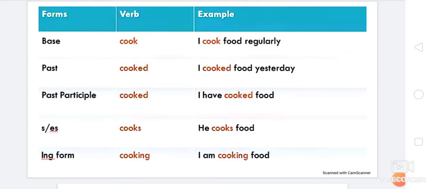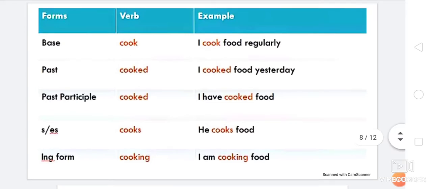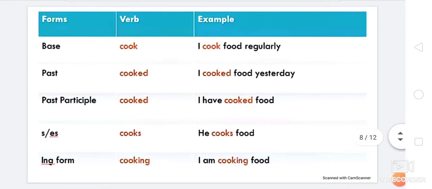See, these are the various forms: base, s/es, which is the present form, then we have the past form, the past participle and the ing form. What is the ing form? It is nothing but the present participle.